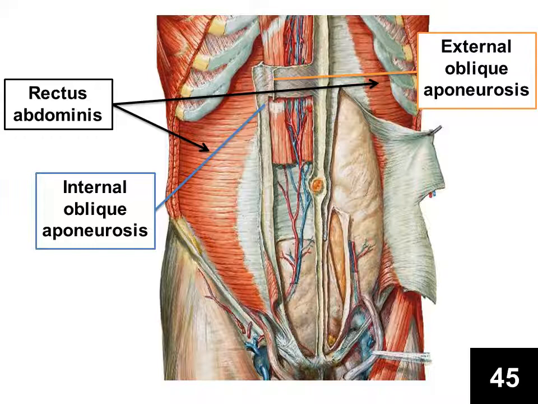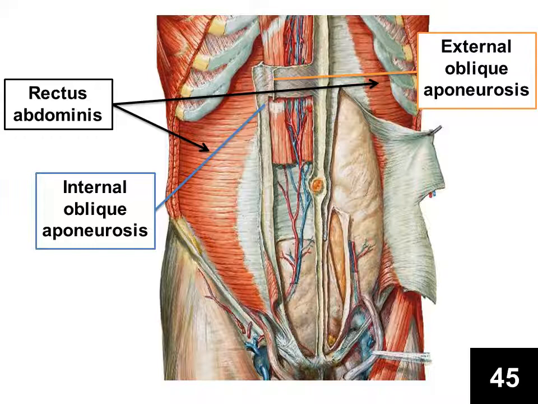The muscle arises from the deep surface of the lower six costal cartilages. Also from the vertebral column, the same as the internal oblique, by means of the lumbar fascia, by which it is attached to the vertebral column.